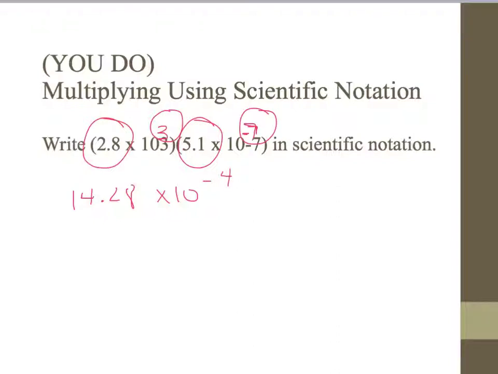Okay, one more step though. This is not yet in scientific notation. Okay, so off to the right, before I even do that, if I put this in decimal form, here negative 4 means go back 4. 1, 2, 3, 4. So this is really what the number looks like in decimal notation, okay? So I need standard notation to be after the first whole number.